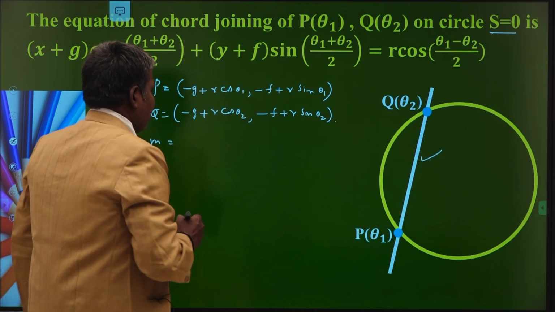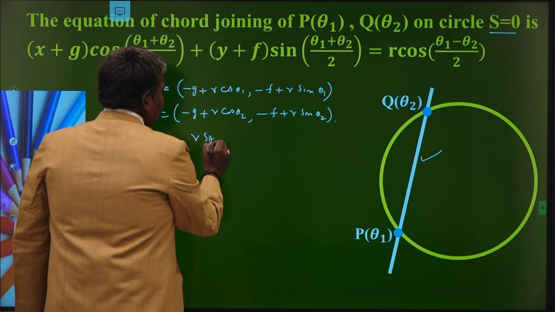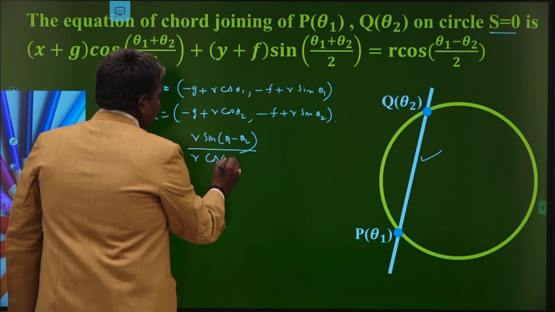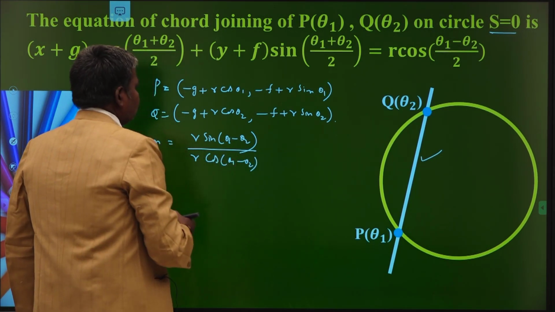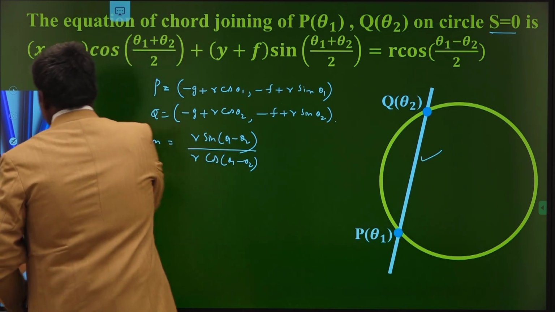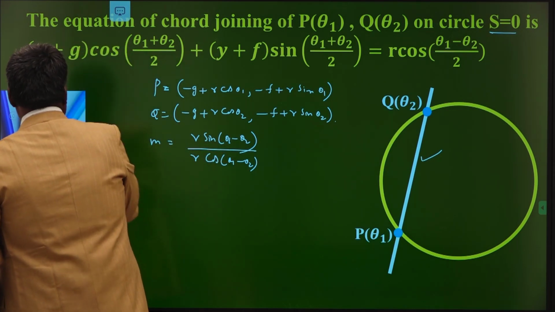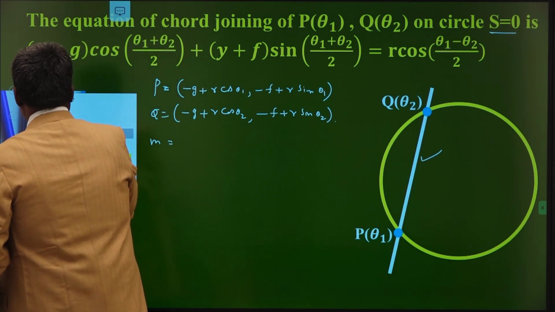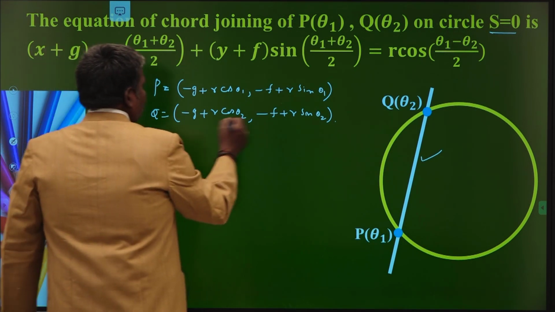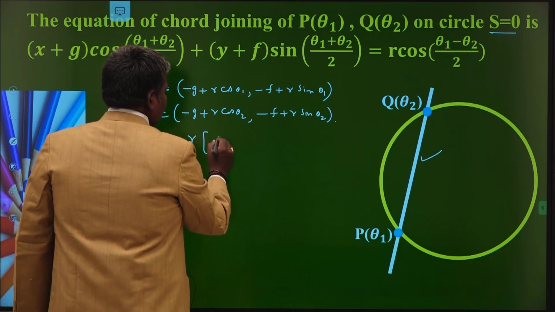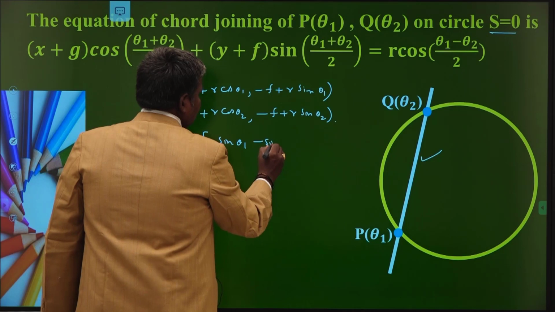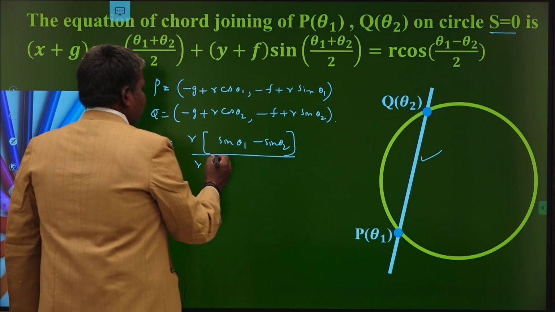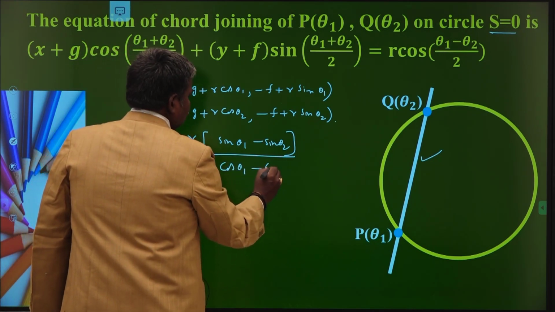Minus f plus f gets cancelled. r into (sin theta 1 minus sin theta 2) by r into (cos theta 1 minus cos theta 2).